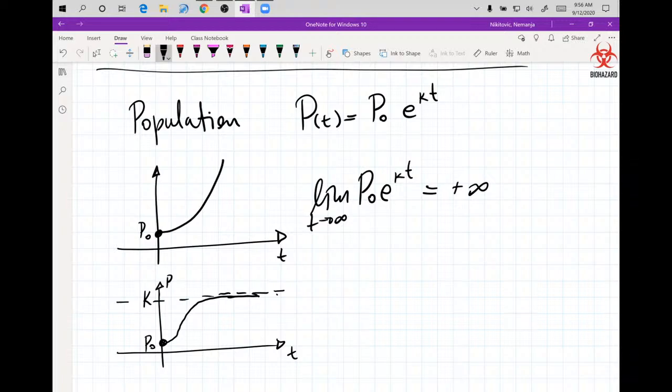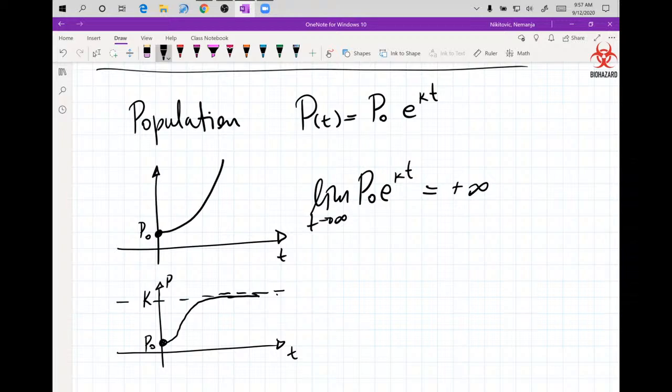Now, there is another situation where the limit for these guys does not exist, and that's for, you guessed it, trig functions. Trig functions are outliers here because trig functions are periodic, they repeat. So as you are approaching infinity, they are still waves that go up and down, up and down, up and down, up and down. They do not settle to one value, and they also don't shoot to infinity.